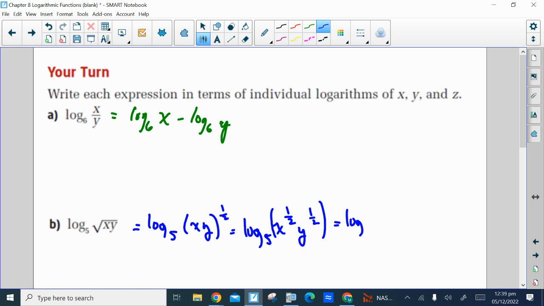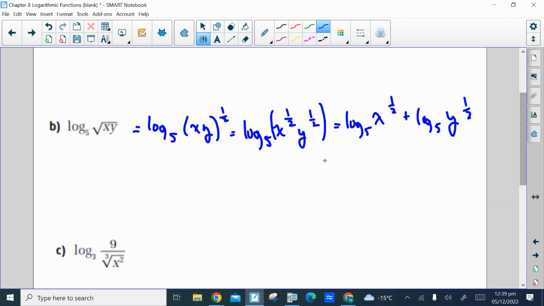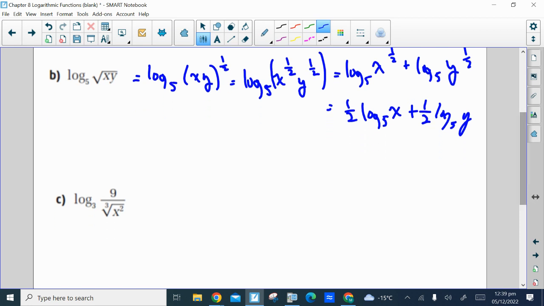It'll be log base 5 of x to the 1/2 plus log base 5 of y to the 1/2. And then finally we can use the power law to bring the coefficients out front. So now we've written in terms of log x and log y.